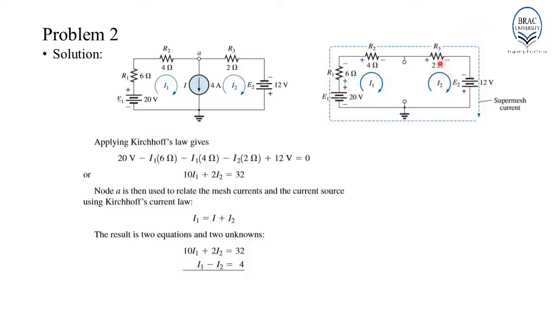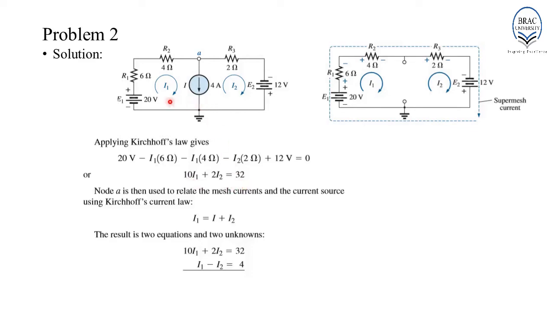Then for R3, we are moving from positive to negative, so minus 2I2. And for E2, we are moving from negative towards positive, thus plus 12 volt. And the summation of all these will be equal to 0. Thus, we get the first linear equation, which is 10I1 plus 2I2 is equal to 32.